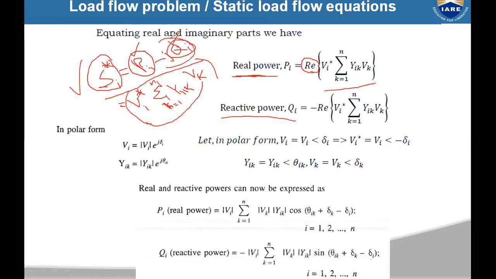If you observe the complex power equation Si conjugate, here you have the minus, right? That means minus Qi is equal to the imaginary part of this. Then Qi is equal to minus of the imaginary part. This is not real, this is imaginary.